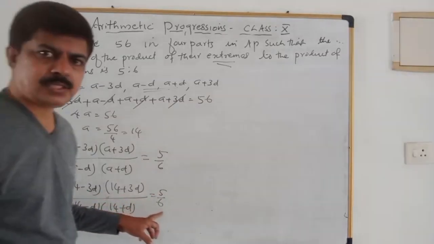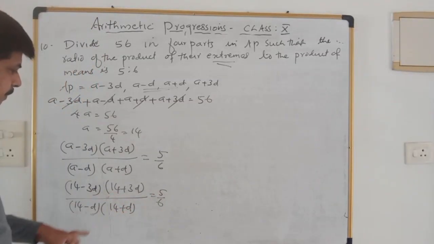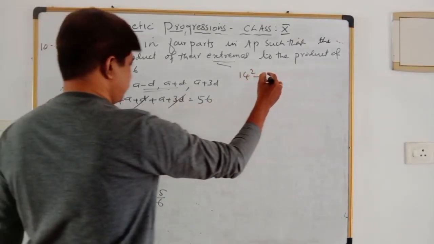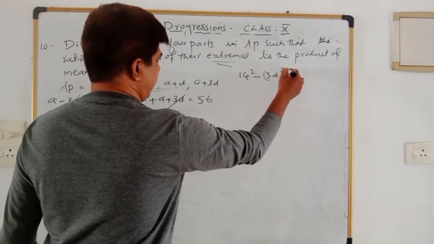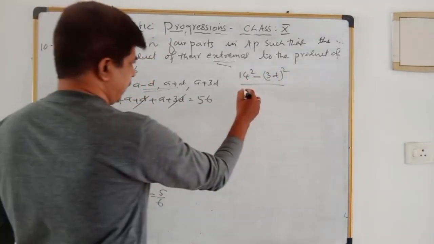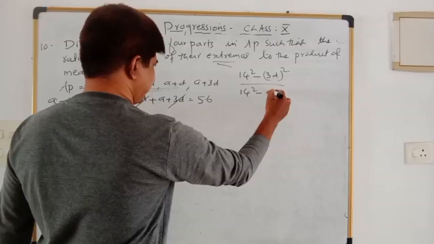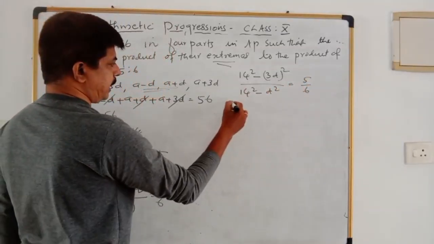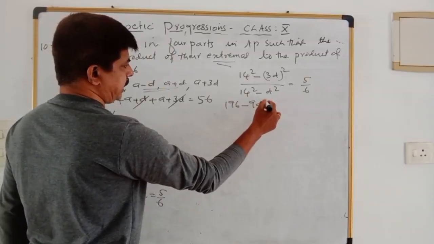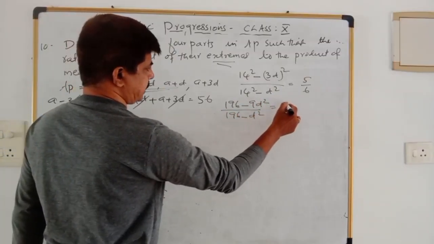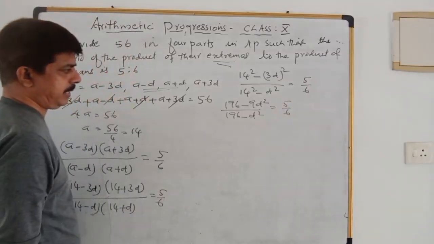So to open this bracket, you apply a minus b, a plus b. What is a minus b, a plus b? a square minus b square. Denominator also a minus b into a plus b means a square minus b square. So 196 minus 9d square divided by 196 minus d square equal to 5 by 6.